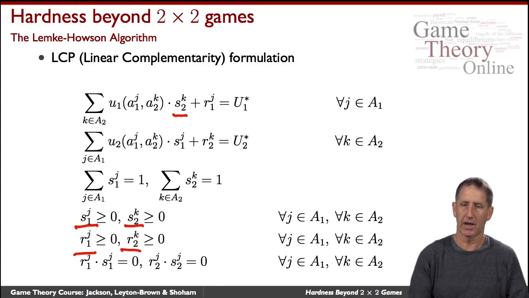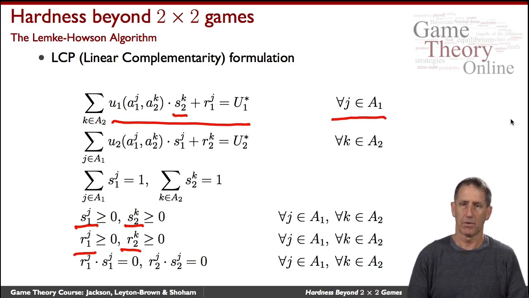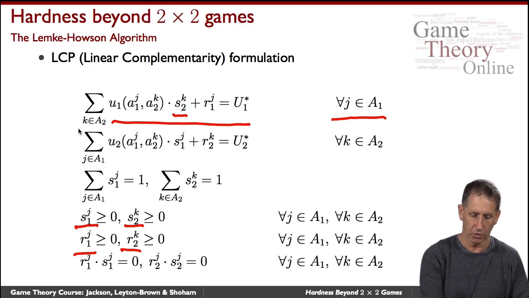The R's are what are called the slack variables. And to understand their roles, let's look at, for example, this equation right there. So this applies to any action of player 1. For any action of player 1, we look at the value that it gives with respect to the strategy of the other player. And so we look at all the actions available to player 2.